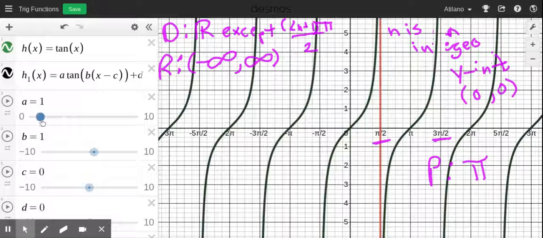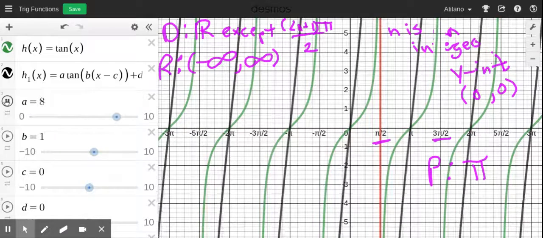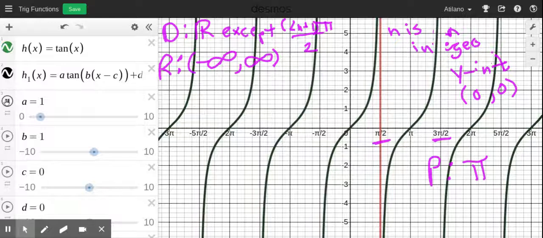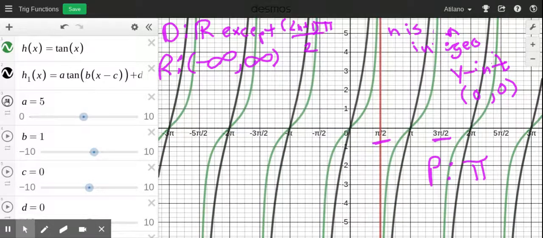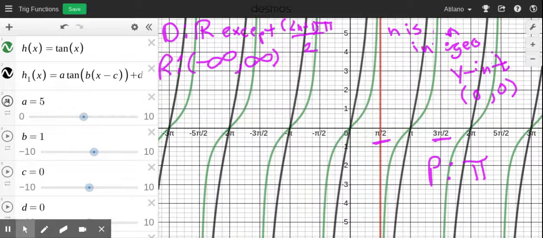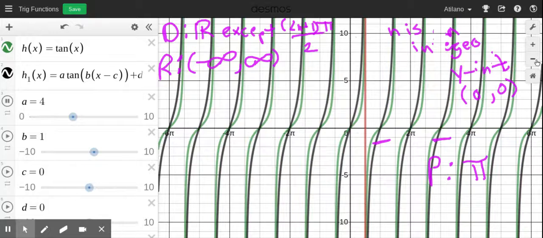So the first one we always want to start with is the a term. So here's what happens when a changes. I'm going to zoom out a little bit so you guys can see that a little better.